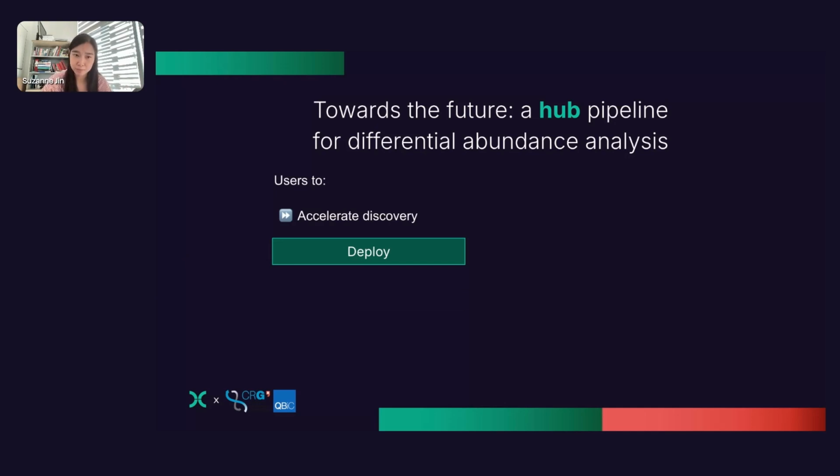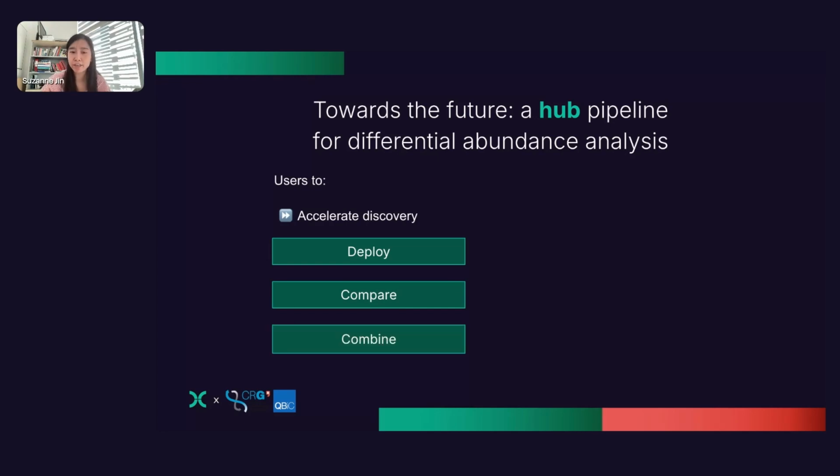These can, for example, be the possibility to run and compare different methods and then choose the proper ones for the use case, or even combine different methods for some kind of consensus and then use that if the performance is better.